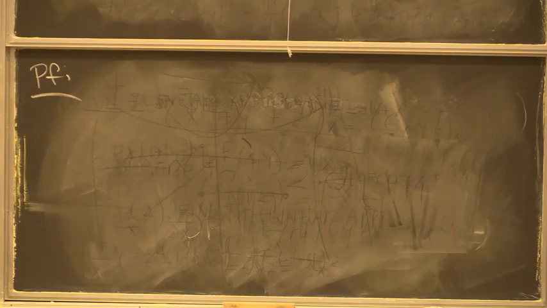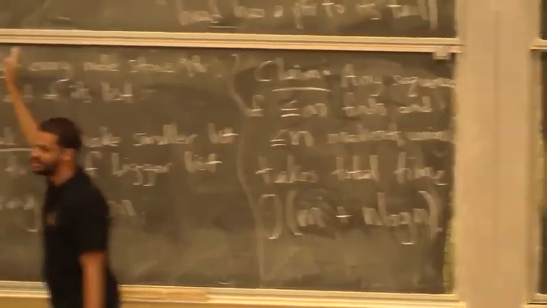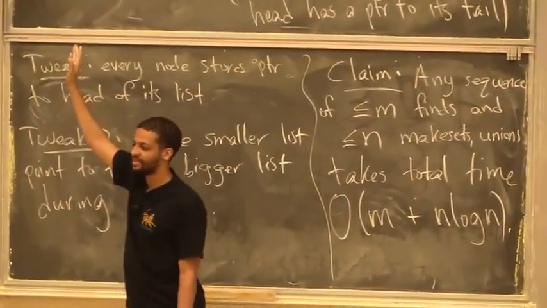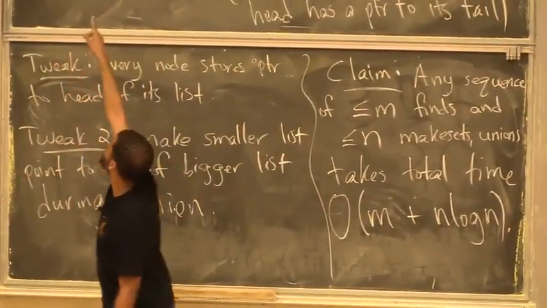So find is constant time. When I do union, y takes the pointer to its head, which then gives me its tail. X takes the pointer to its head, which then can point into the tail. All of that is constant time. But then I have to spend more time changing the head pointers of everyone here.